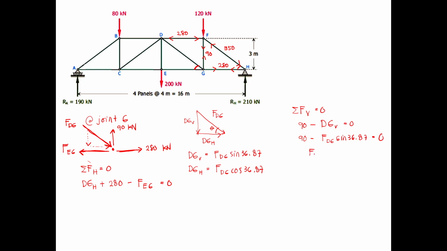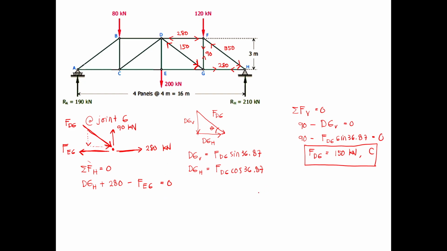So you can now solve for force DG, which is equal to 150 kilonewtons. So this is in compression, meaning your member DG is in compression. So this is 150 kilonewtons.